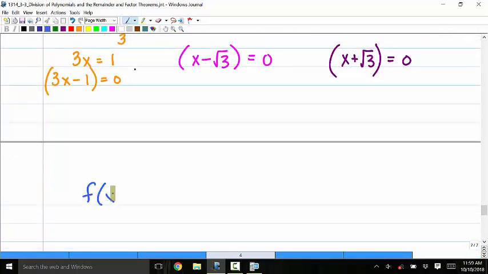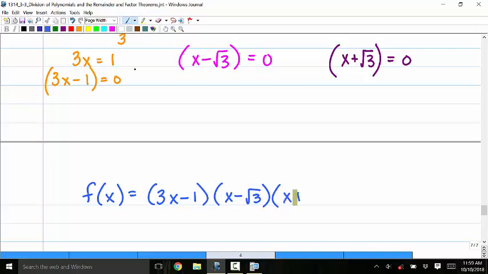The polynomial is 3x minus 1 times x minus root 3 times x plus root 3. Questions there?